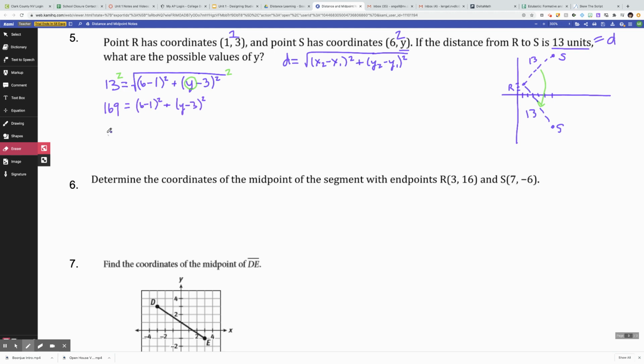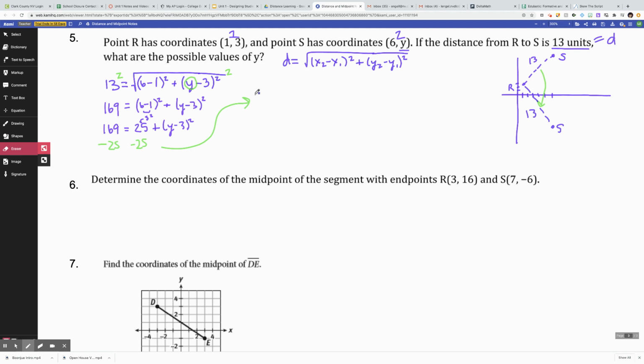I can simplify 6 minus 1 squared, right? 6 minus 1 is 5, and 5 squared is 25, plus my y minus 3 squared. Now the next thing in my way is this 25, so I am going to subtract 25 from both sides. Minus 25, minus 25.